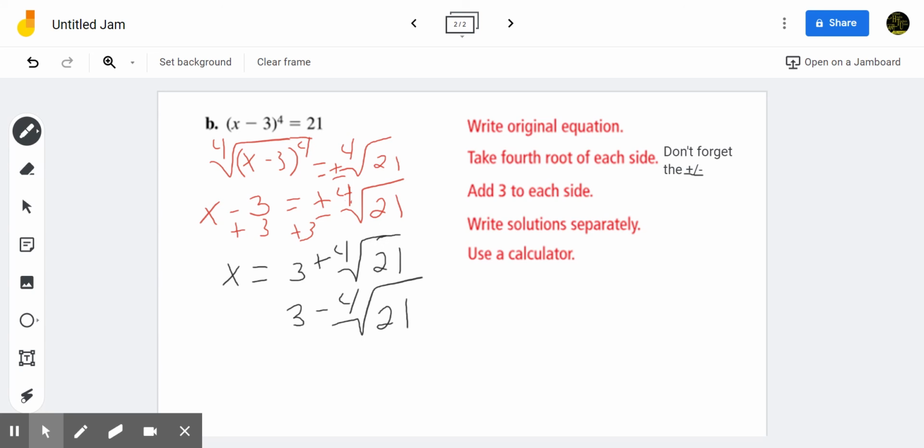So my first solution, when I'm adding the 4th root of 21 to 3, will give me about 5.14. And then my second solution, 3 minus the 4th root of 21, gives you about 0.86. And so those would be the 2 solutions. Again, even roots, make sure you account for the positive and negative for those.